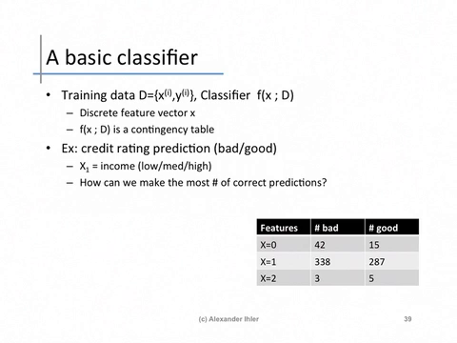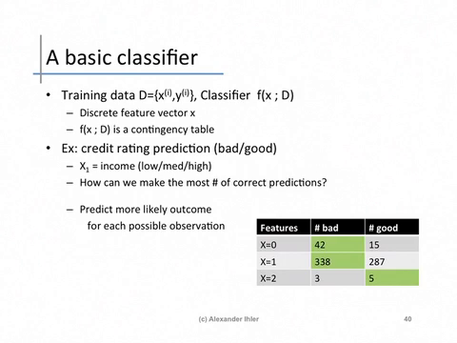So how can we use this to make the most number of correct predictions? It's pretty clear that if we were to just choose the outcome that has more data associated with it, that would minimize the number of incorrect predictions we would have on the training data. So for instance, for x equals 0, low income, we had 42 examples where we'd like to predict not to make a loan, and 15 examples where we would have liked to predict to make a loan.